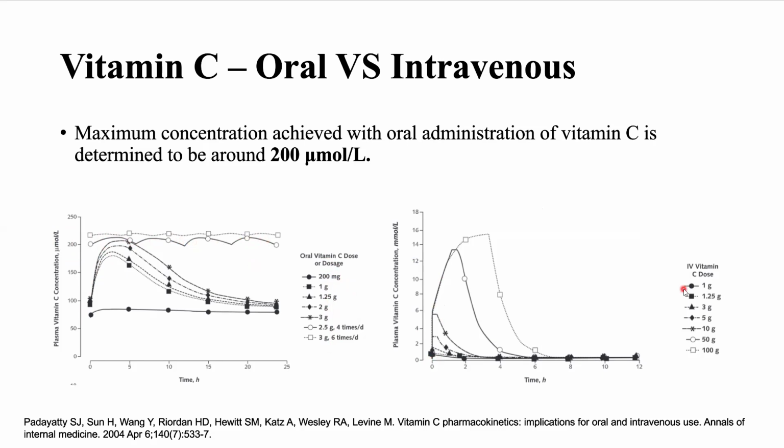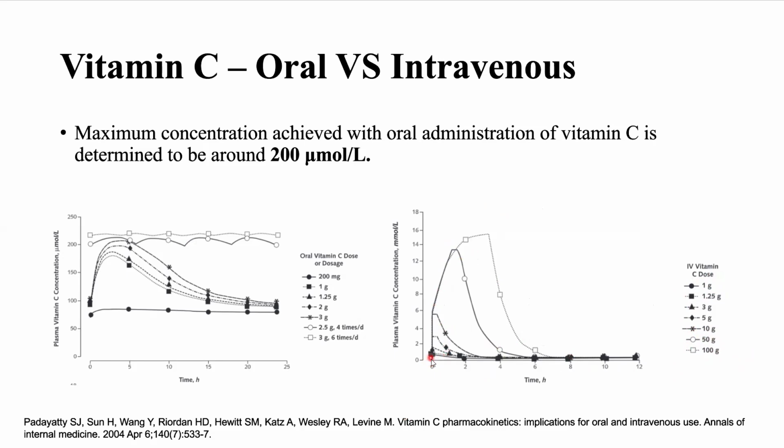Versus when they gave vitamin C through the IV route and increased the dose, they found that the vitamin C concentration in the plasma increased significantly. For example, first they gave a 1 gram dose, and they ended up giving 100 grams, 100 times more, and there was a significant increase in the plasma concentration.